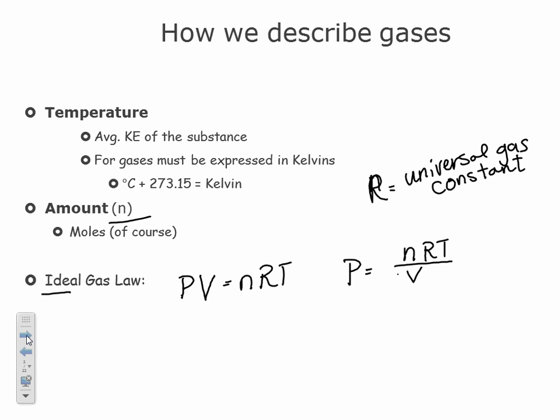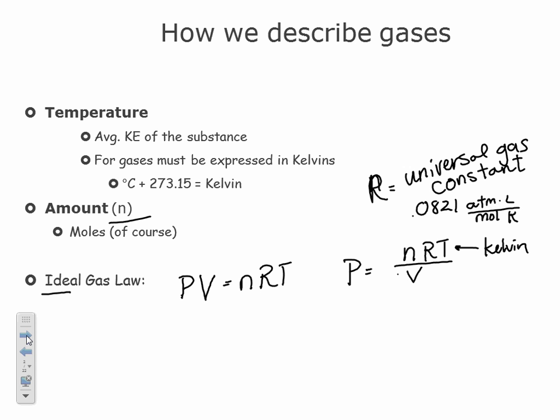You can get the universal gas constant in several units. The one that we're going to use is 0.0821 atmospheres times liters over moles times kelvins. And then T stands for Kelvin temperature, and V stands for volume.